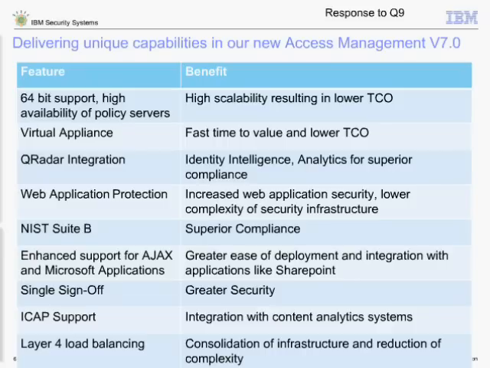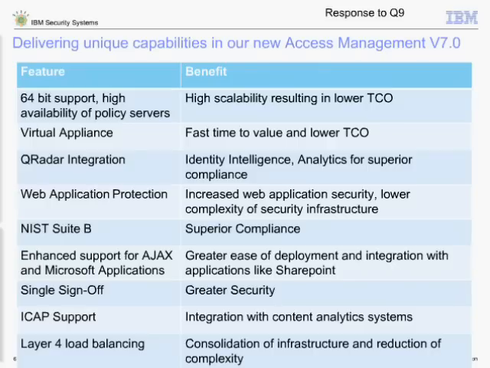It also includes the virtual appliance, and this is similar to the conversation we had earlier about the capabilities within the appliance. In addition, we've also added integration with QRadar, which gives you better identity intelligence and analytics for superior compliance within your organization. It also contains web application protection, which we talked about earlier, and is compliant with standards like the NIST Suite B standards.